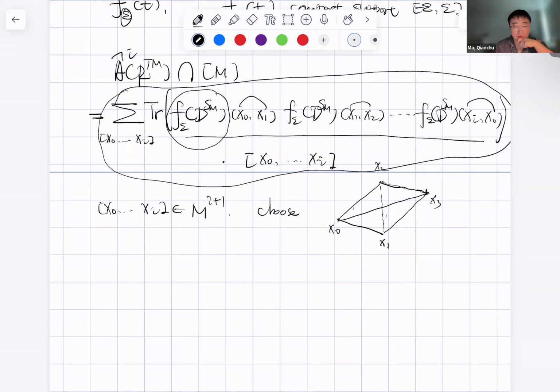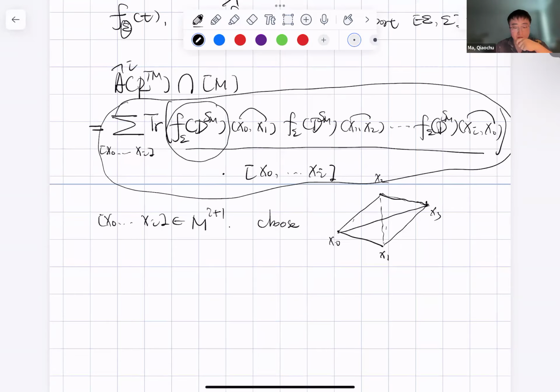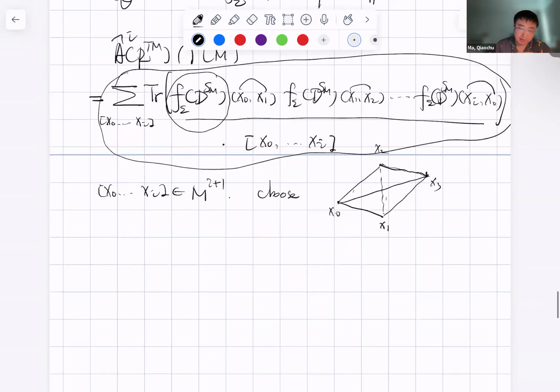This is a representation of the Poincare dual of a component of the A-hat class.